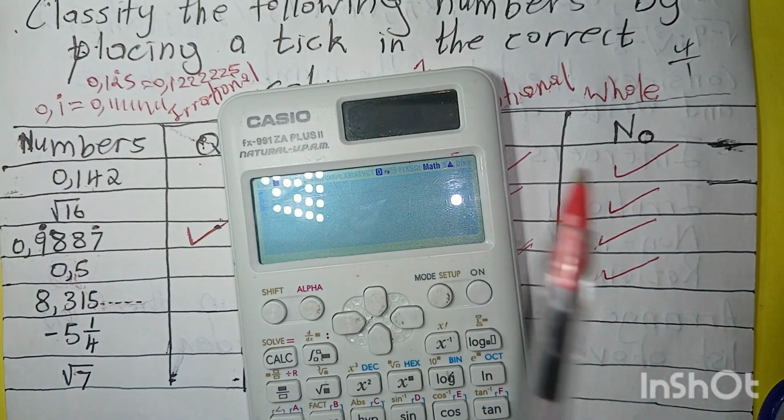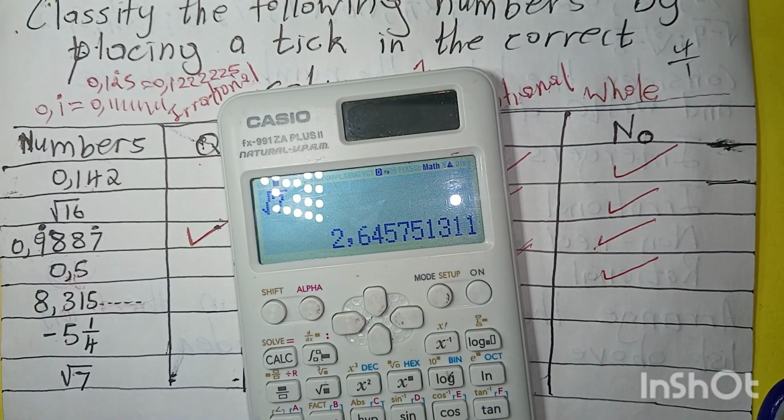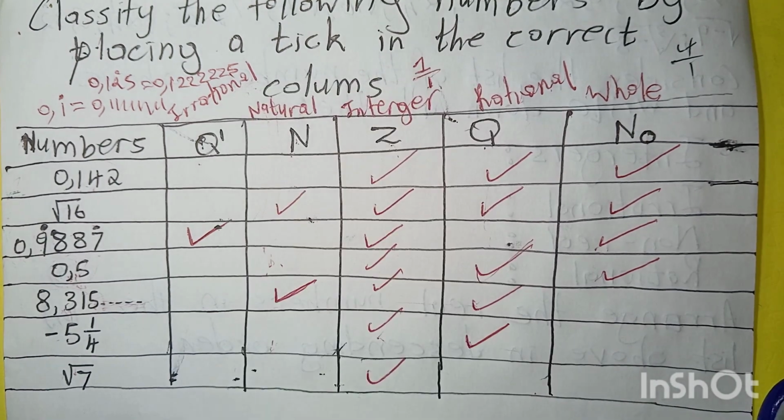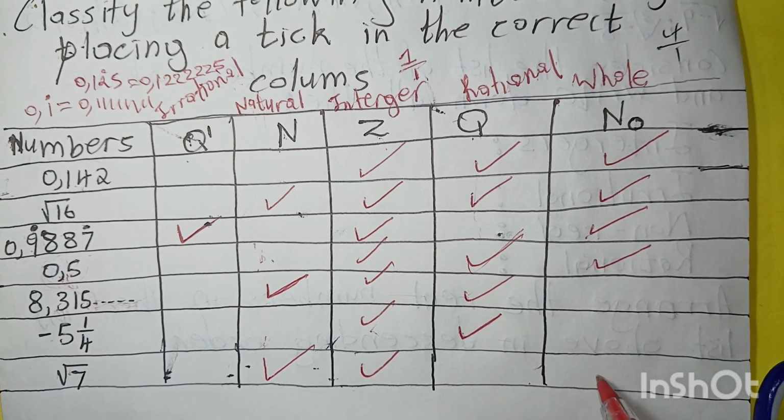So what about this one? Square root of 7. So the square root of 7 here is 2,65 something. Do you see? So this number is actually bigger than 1. And it is bigger than 0.